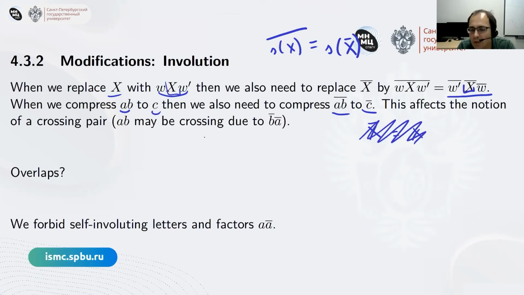Well, we need to essentially guarantee that if something is compressed, then its involution is also compressed.